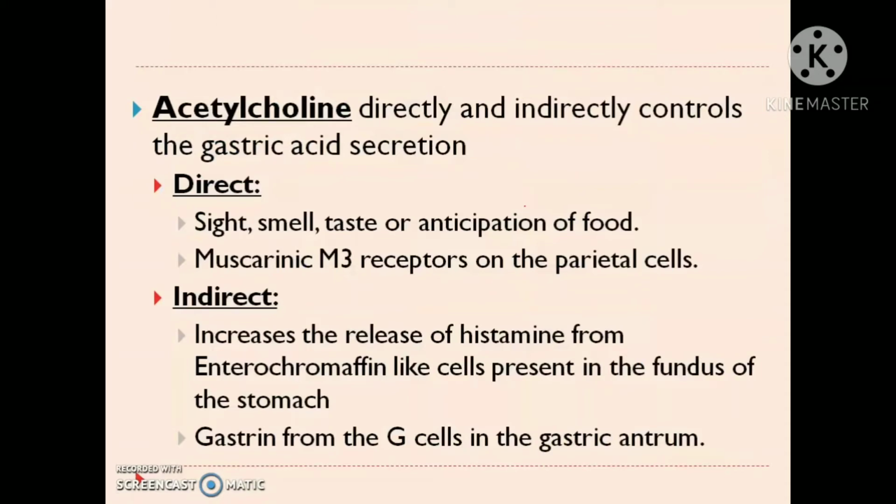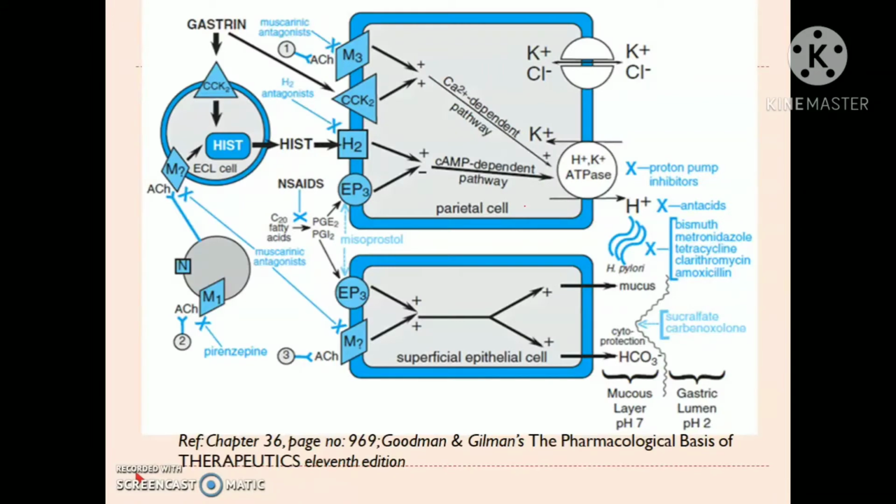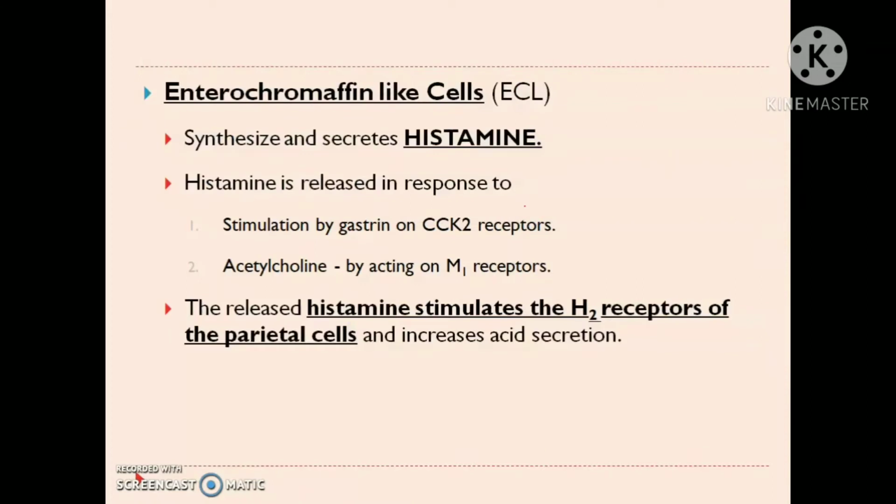This released histamine and gastrin are potent inducers of acid secretion. The next system concerned with acid regulation is the paracrine system, through the action of histamine. Histamine is synthesized and released from the endochromaffin-like cells present in the fundus of the stomach.